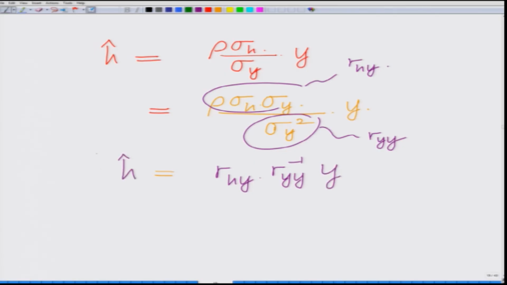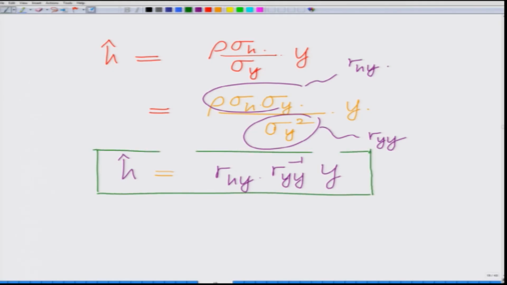This is a very interesting expression, because the same expression can be carried over also for the matrix scenario, that is when h and y are vectors. So, I can write the estimate h hat as r h y times r y y inverse times y. When h and y are vectors, I can replace r y y by the covariance matrix of y, and r h y by the cross covariance matrix between the parameter vector h and the observation.